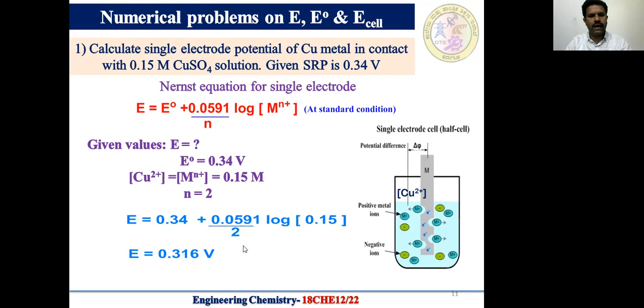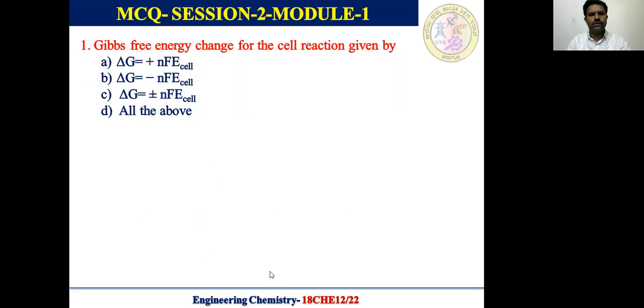So after the calculation, finally that electrode will produce the potential E is equal to 0.316 volt. So let's go through the multiple choice questions covered under this topic.